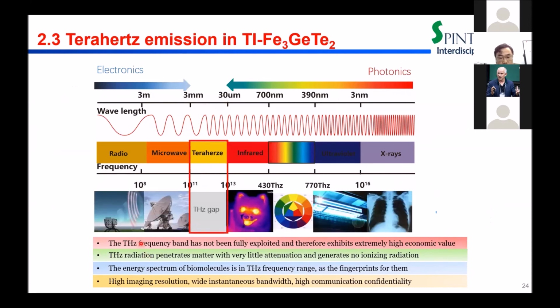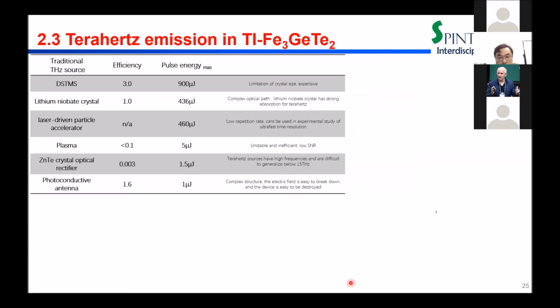It can be used in radar, for safety checks and medical checks, and especially in 6G communication. Traditional terahertz sources include DSTMS, lithium niobate crystal, zinc telluride, and photoconductive antennas. All these traditional sources have advantages but also disadvantages, including being expensive, very big, and having a short lifetime.